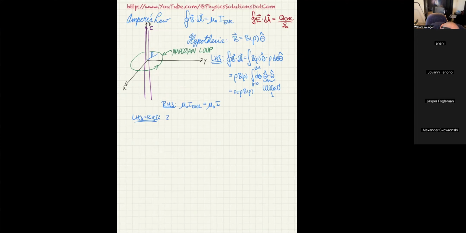And this gives us 2 pi rho B of rho equals mu zero I. And lo and behold, B, according to our hypothesis, is mu zero I over 2 pi rho theta hat, which is exactly the formula that we found by using the law of Biot-Savart.